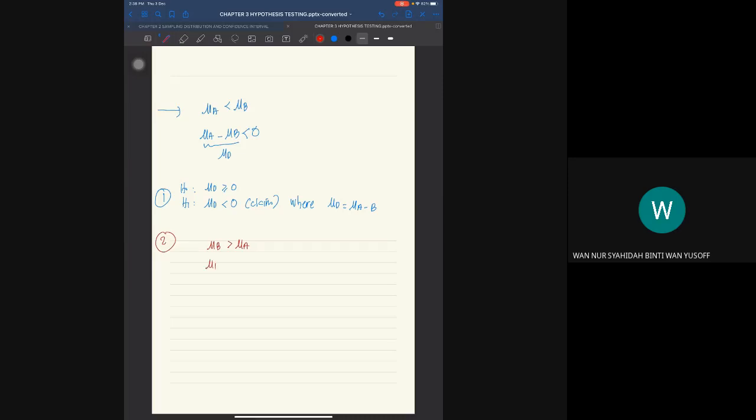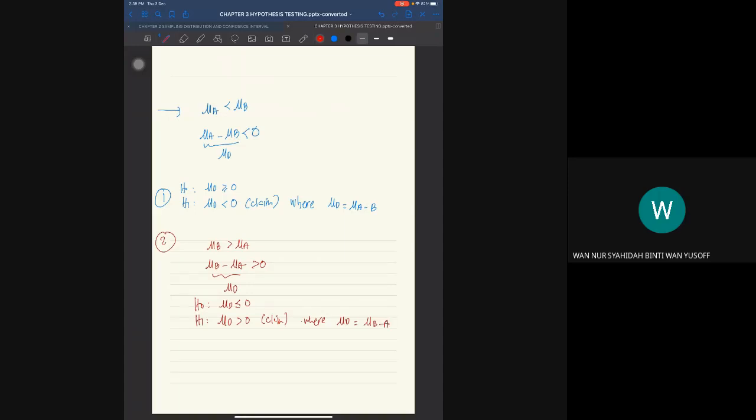So you will have mu B minus mu A greater than 0. This is your mu D. So mu D greater than 0 is H1, then H0 is mu D less than or equal to 0. For the second hypothesis here, your mu D is mu B minus mu A.